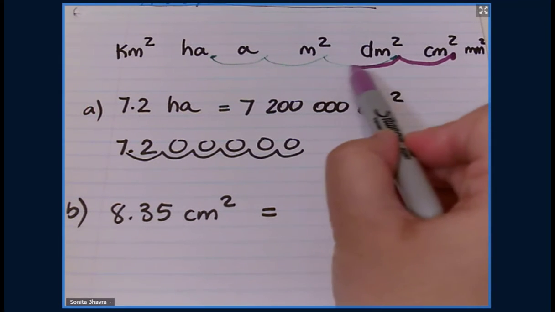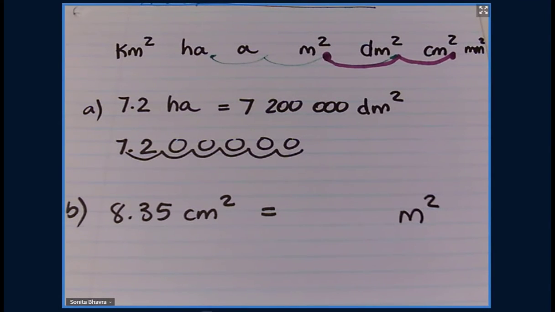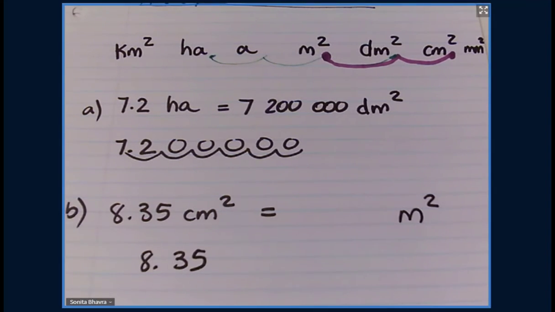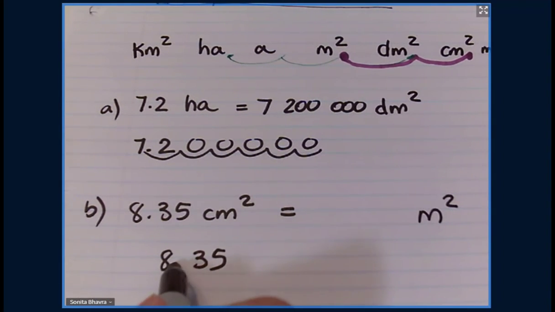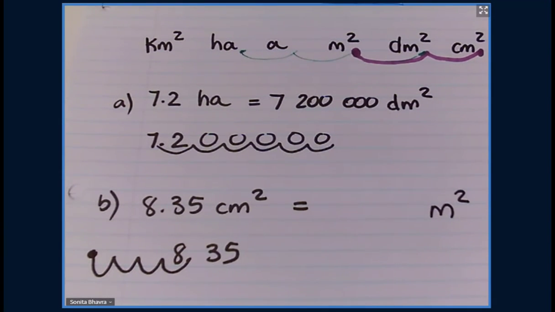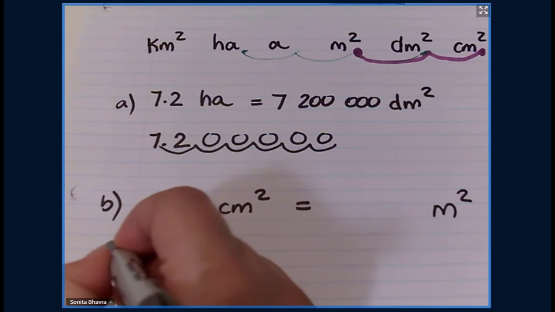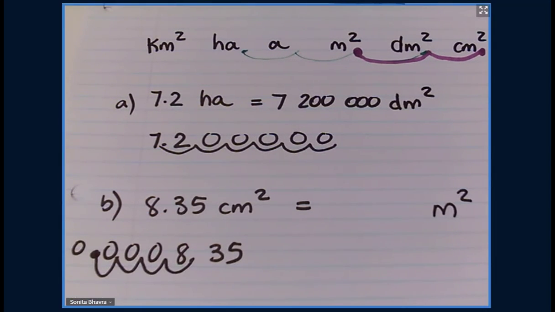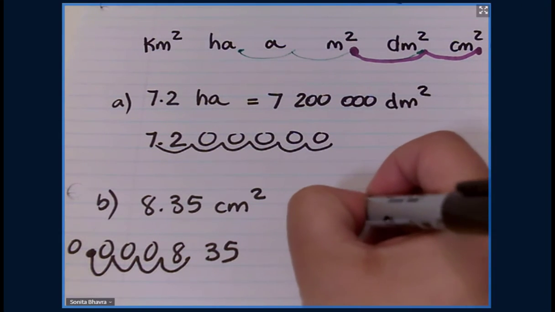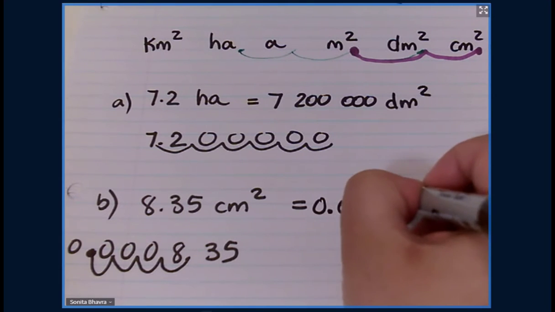So it's 1, 2, 2 to the left, multiply that by 2, or double it. So that means it's actually going to be 4 decimal places to the left. So 8.35, and we're going 4 decimal places to the left. So 1, 2, 3, our decimal place is now there, and we fill in the zeros. And you could put a 0 in front of the decimal place. All right, so in meters squared, the answer is 0.000835.